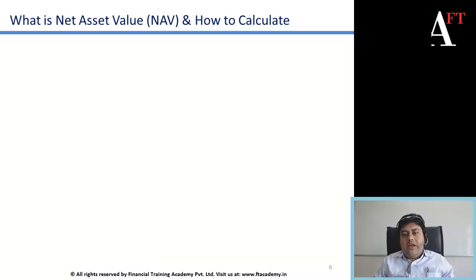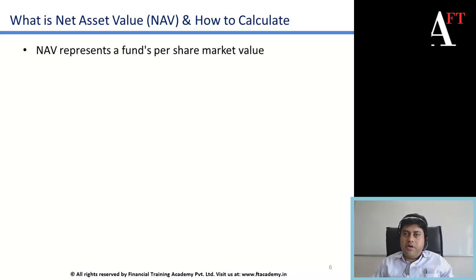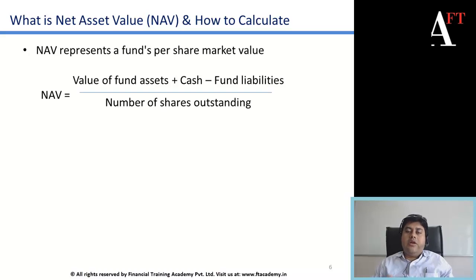Now let's understand how the net asset value is calculated. The net asset value represents a fund's per share or per unit market value, which means that all the underlying investments of the fund are valued at the end of the day at the closing prices, which gives us the value of the fund assets. Plus you add any cash position that the fund has at that point in time, and from that you reduce the current fund liabilities, the liabilities that the fund is expected to pay or that are currently outstanding on its books.